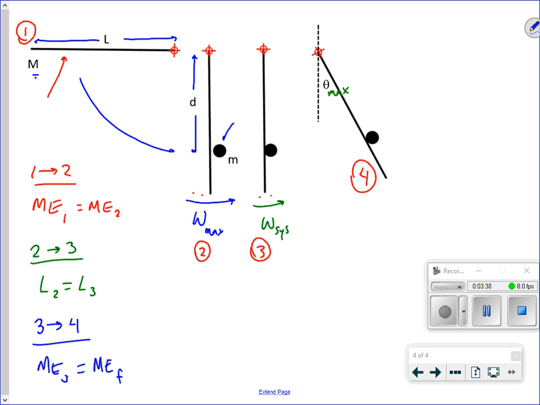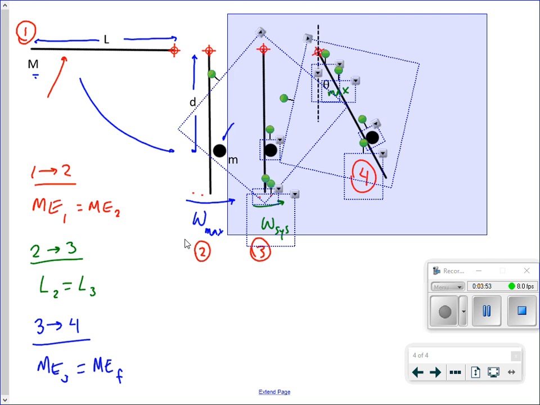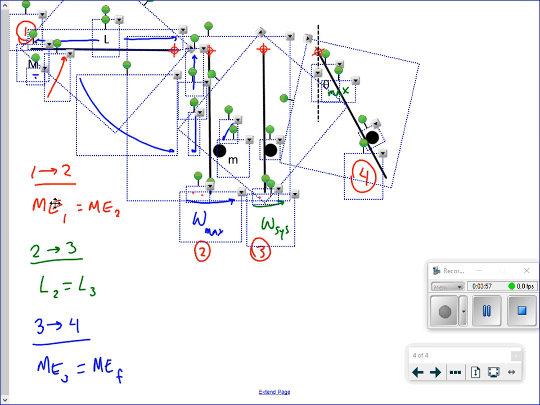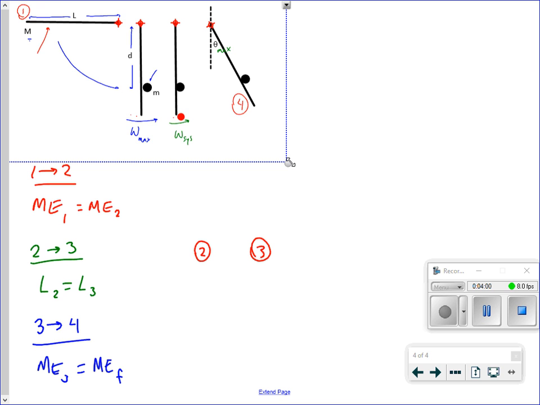Fair enough? So let's look at how we can write the right expressions for each of these intervals or transitions from instant to instant.